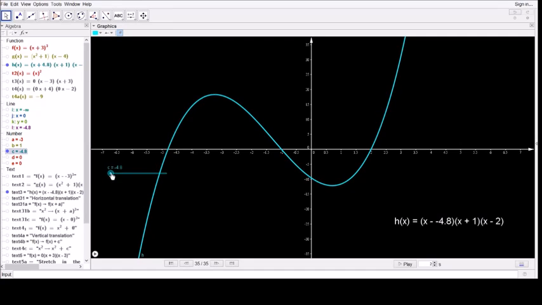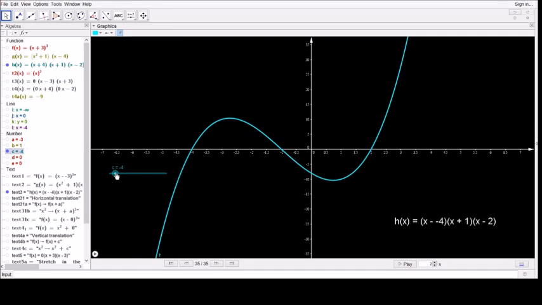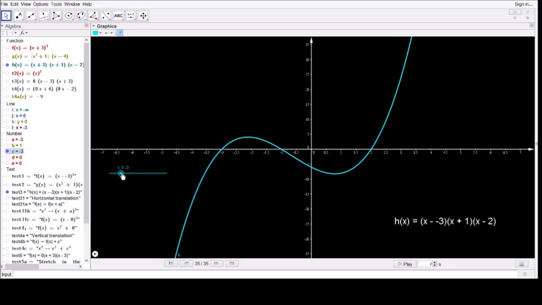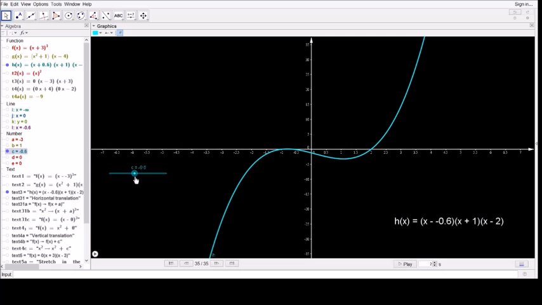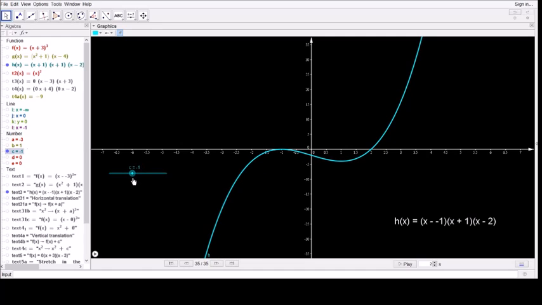So let's have a look and see what happens. As we move along like that, we can now see the root has moved to minus 3. Then if we move it to minus 1, we've now got a double root at x equals minus 1.